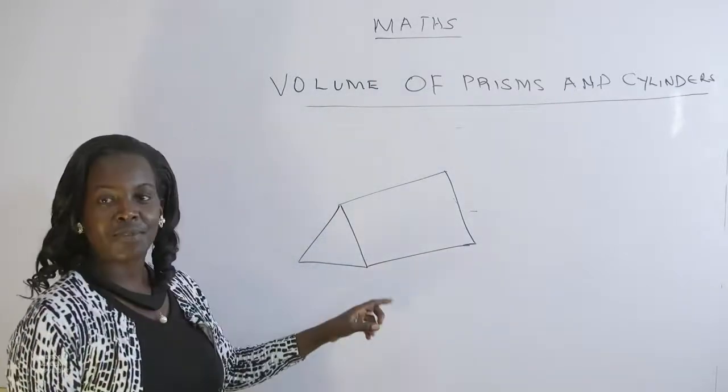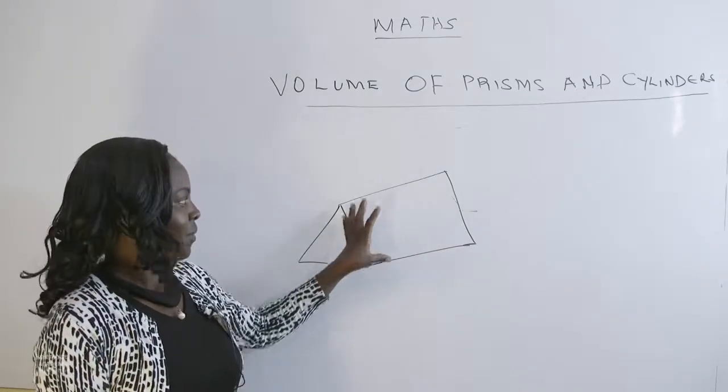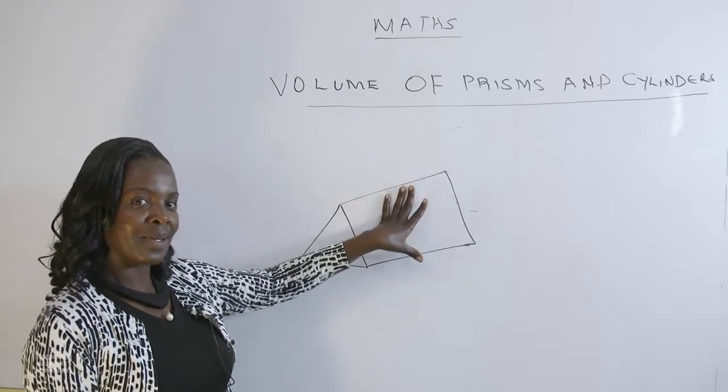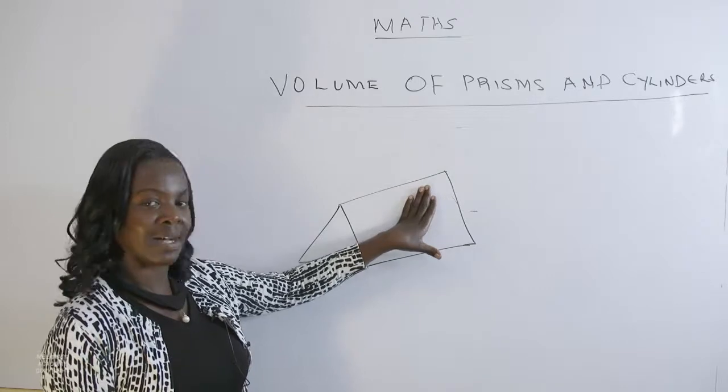You realize that even for a triangular prism, we have this side formed by a parallelogram or a rectangle.